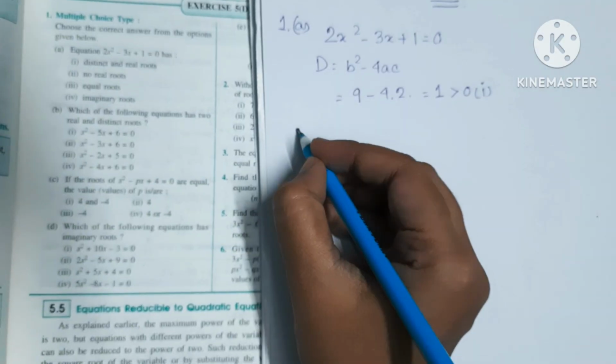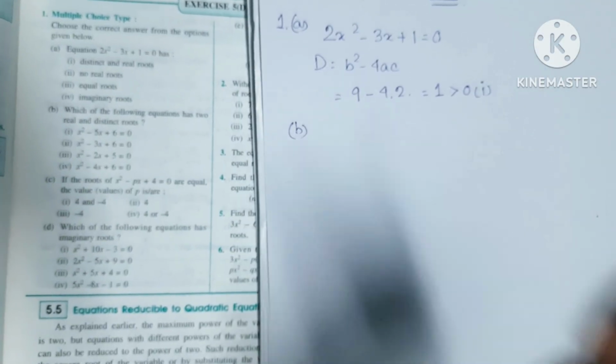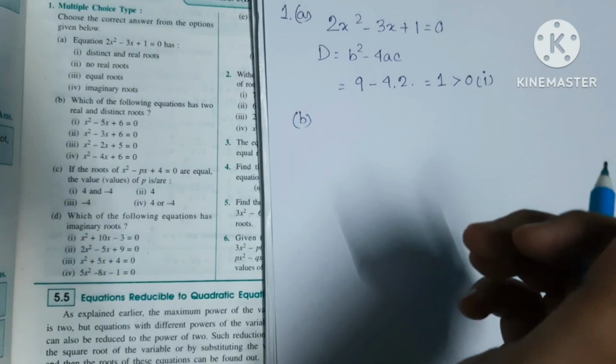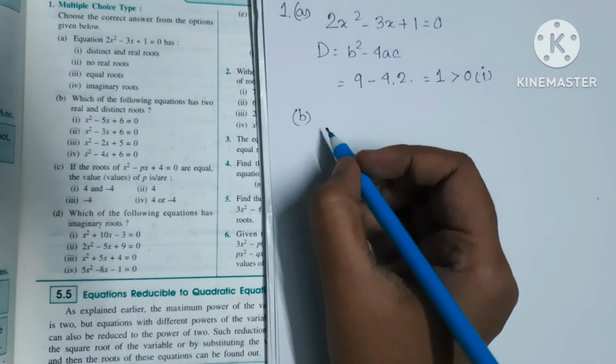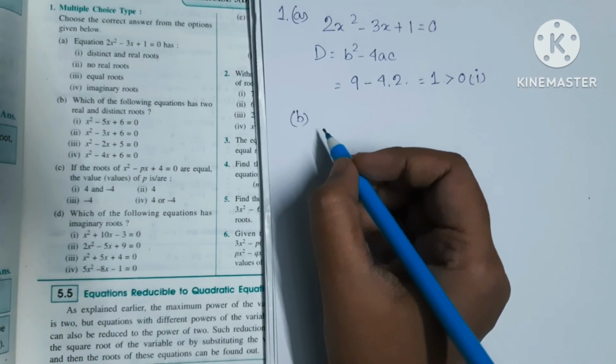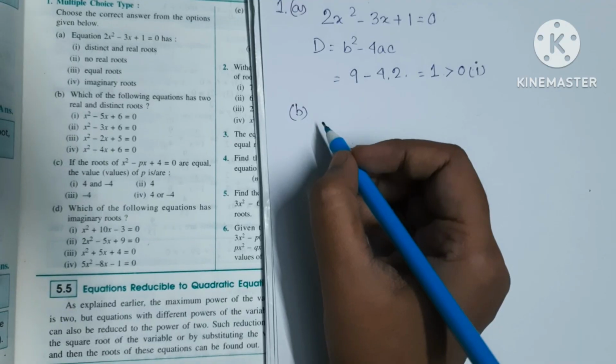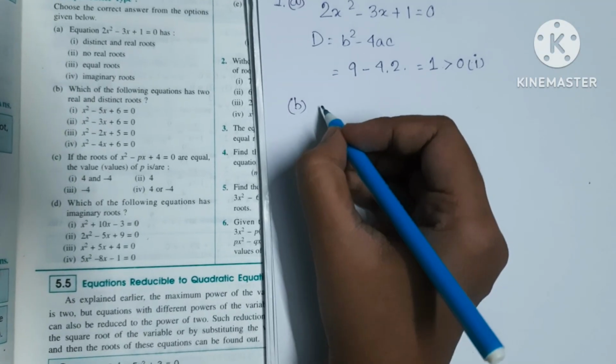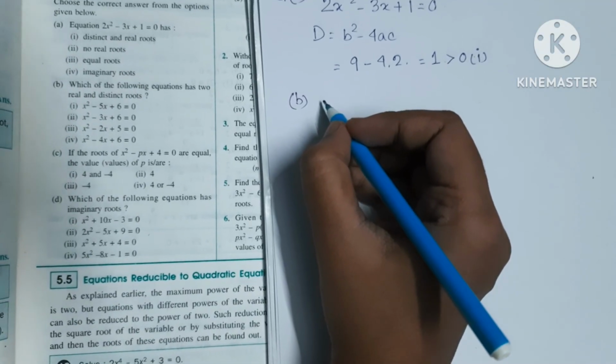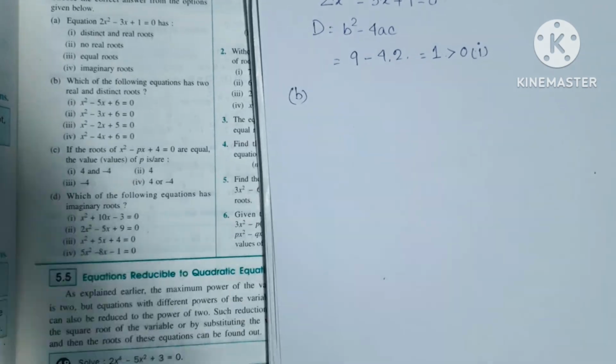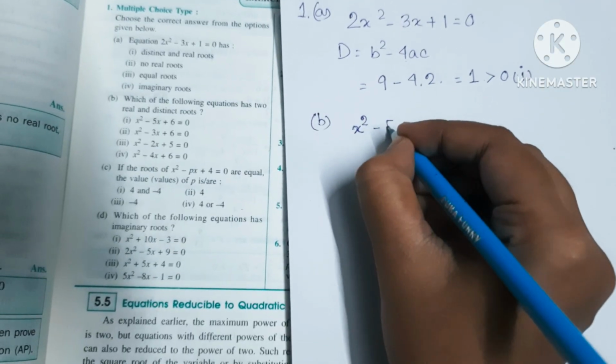Number 1b. Which of the following equations has two real distinct roots? There are some equations and you have to find out b square minus 4ac. Let's start with the first one.